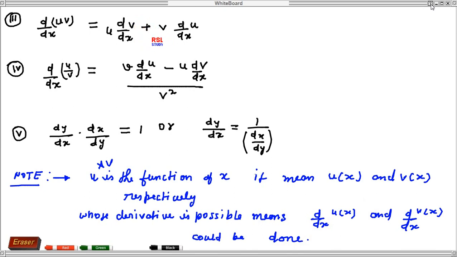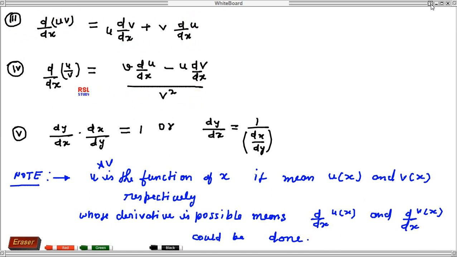Now plus, this time take v as common, feeling that this is a constant, so d/dx of u. So one time take u as a constant and v as a variable, plus second, one time take v as a constant and u as a variable like this.